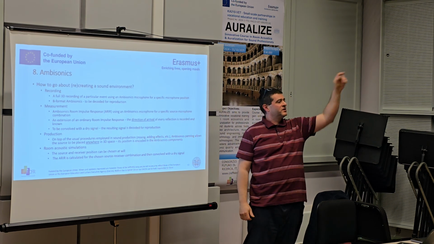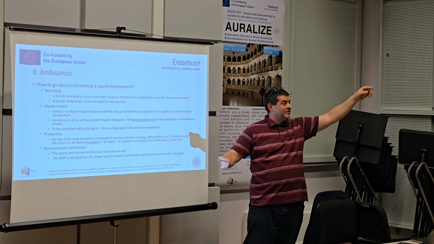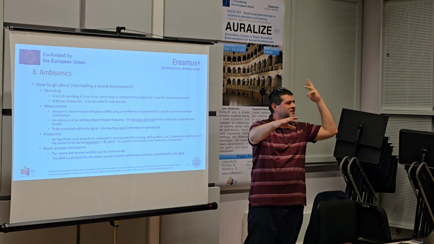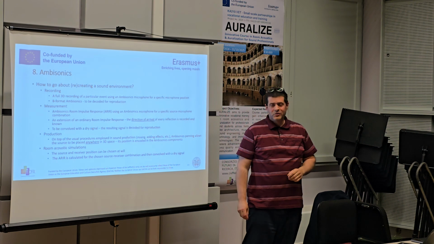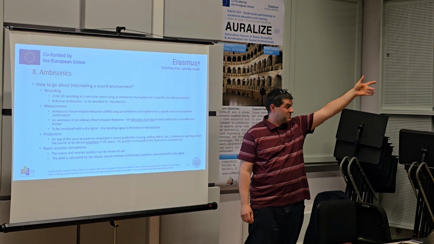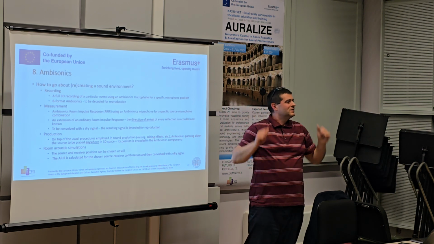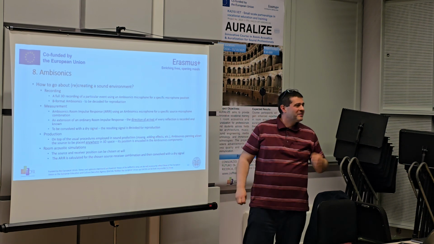If you say, my source is there, the ambisonics system should be able to create the right kind of those components, so W, X, Y, Z, and every other. When you listen to it and decode it, you will say, it really seems that my source is somewhere there. So my guitar is there, my bass is here, my drums are behind me. Okay, maybe it doesn't make sense, but anyway.